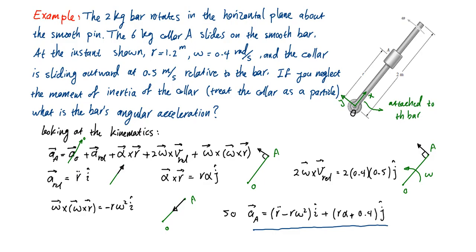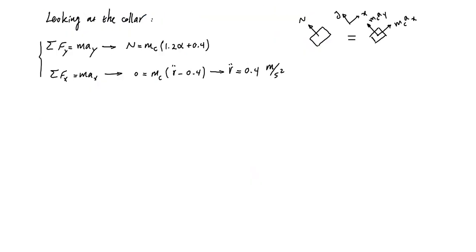Now I added another unknown, and it's N. So I need to take a look at what is going on with the bar. Right? So right now I have two equations. I used the first equation, plugged it here. I found r double dot, but now I have one equation and two unknowns again. I don't know N, I don't know alpha.